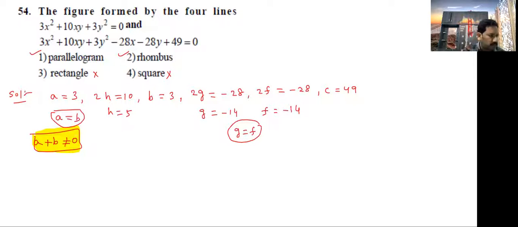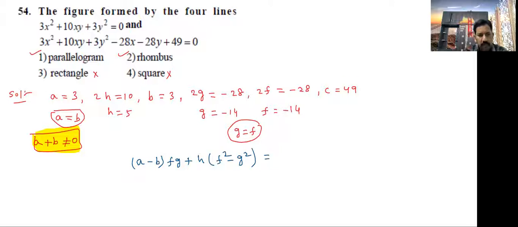So we have another formula now. What is that? (a - b)fg + h(f² - g²). This value we want to verify.